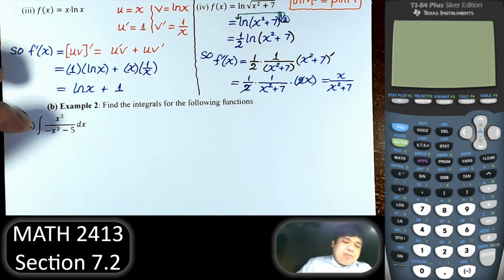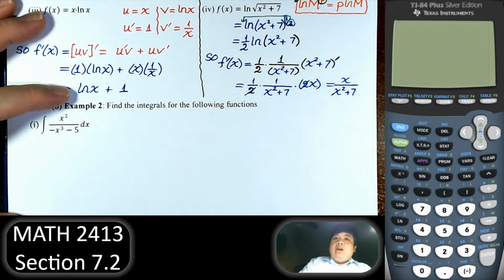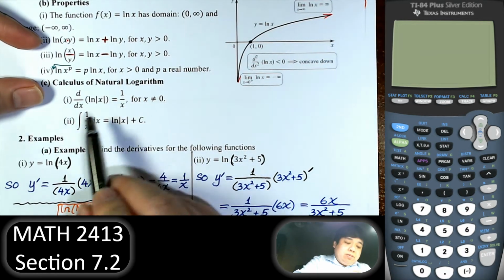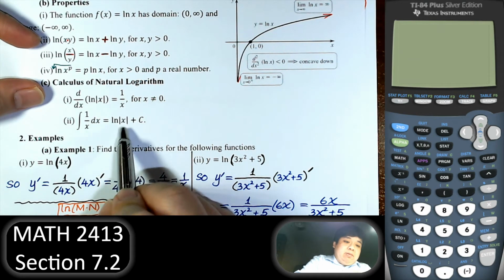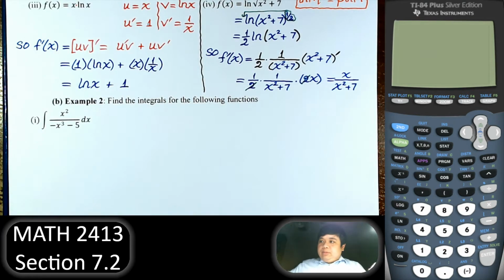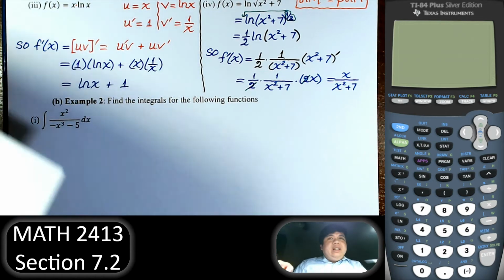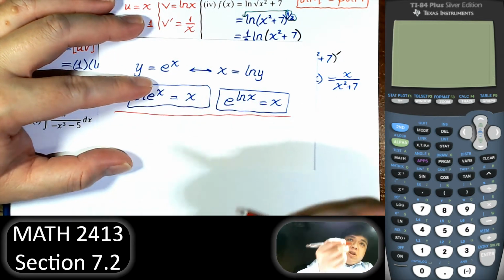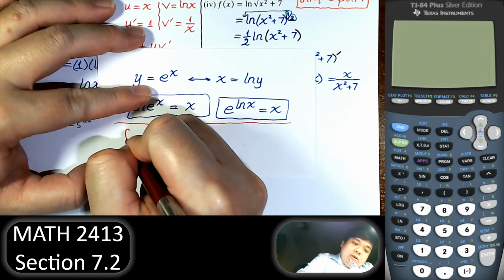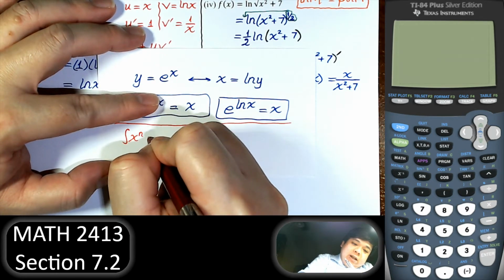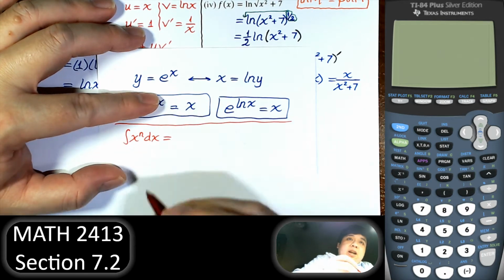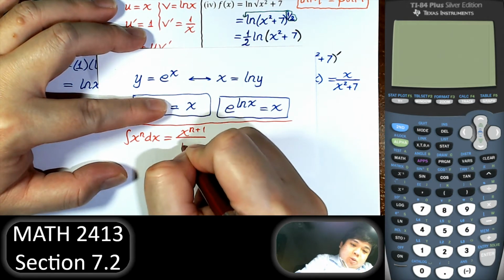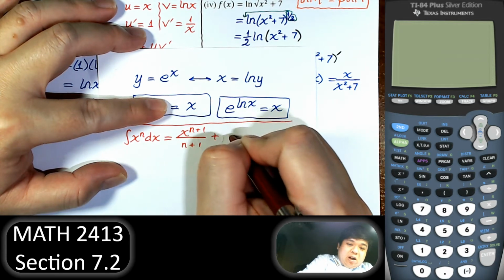Now, next, the second part of it is the integral. Of course, the antiderivative of 1 over x is going to be ln of the absolute value of x. So that could be classified as a power rule. In the power rule, we have the integral of x to the n dx equal to x to the n plus 1 over n plus 1, plus a constant c, right?